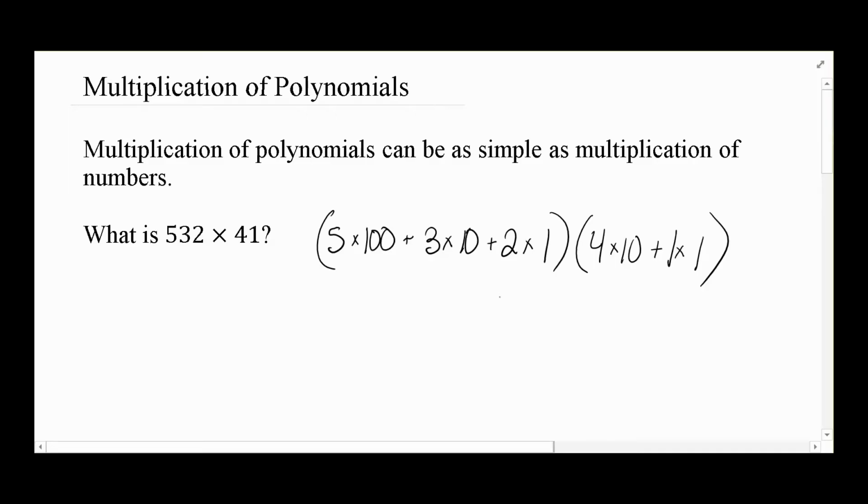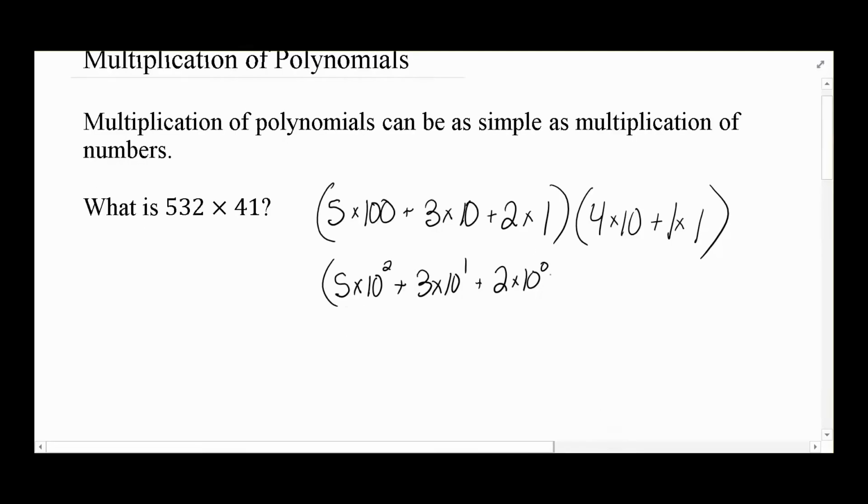The ones digit is 10 to the 0. The tens digit is therefore 10 to the first, and the hundreds digit is 10 to the second. So that's why we call it base 10: each digit represents how many 10 to the zeros, then how many 10 to the first, and then how many 10 to the seconds we have.